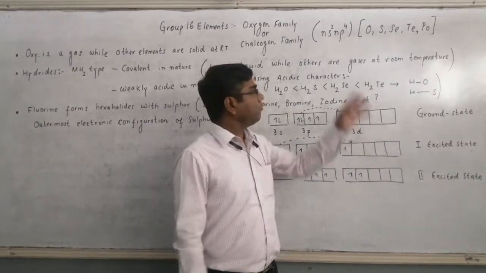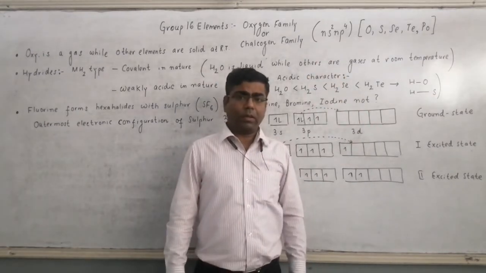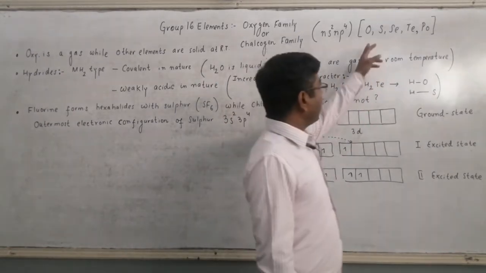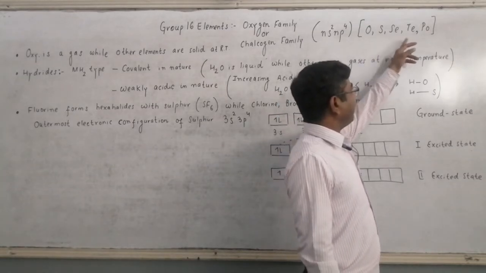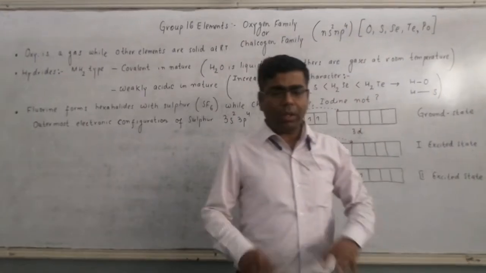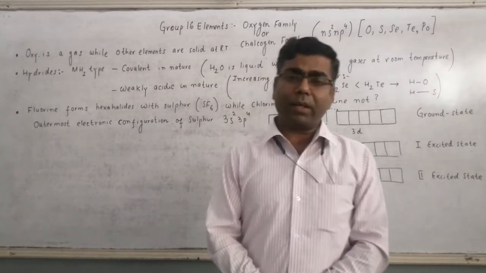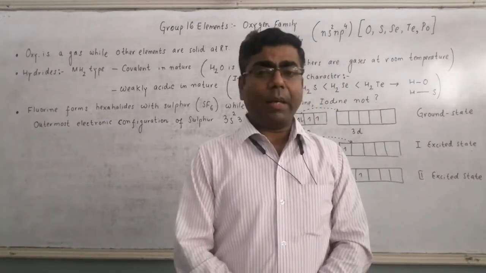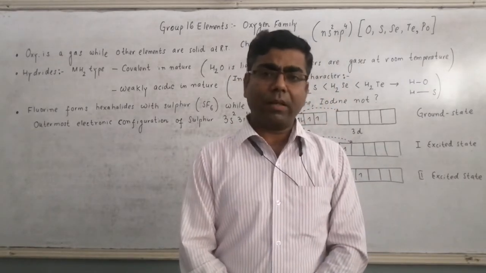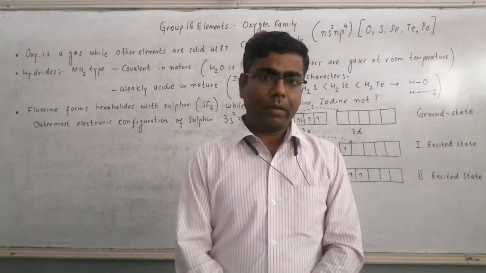In total, there will be 6 electrons. And the members are oxygen, sulfur, selenium, tellurium and polonium. Polonium here is a radioactive element. It emits harmful radiations like alpha, beta and gamma.